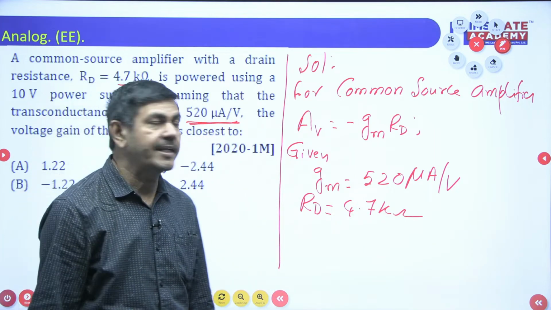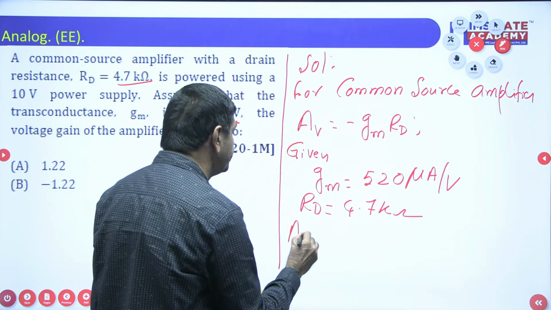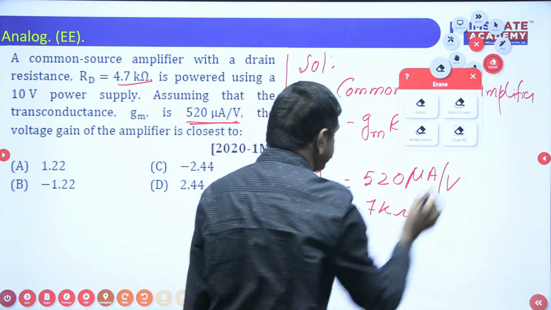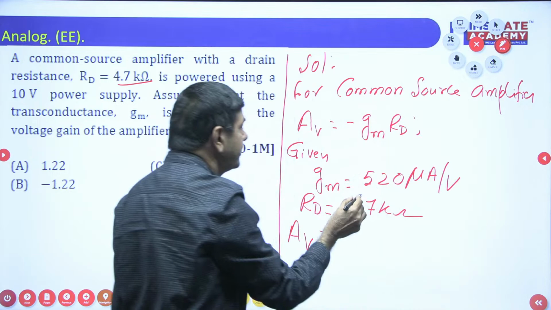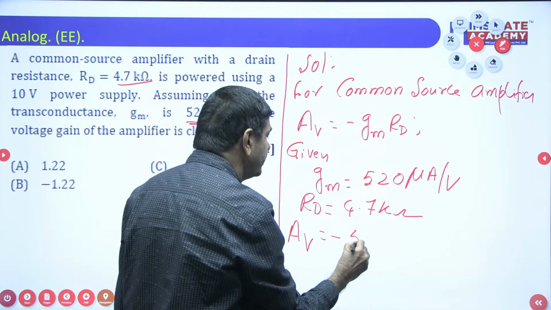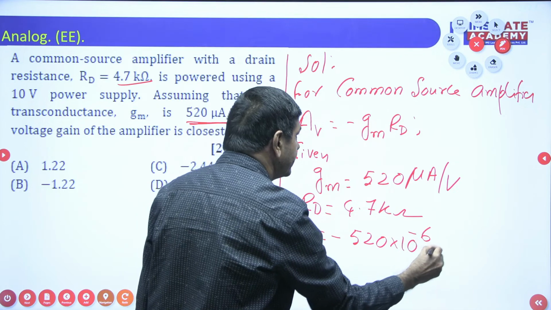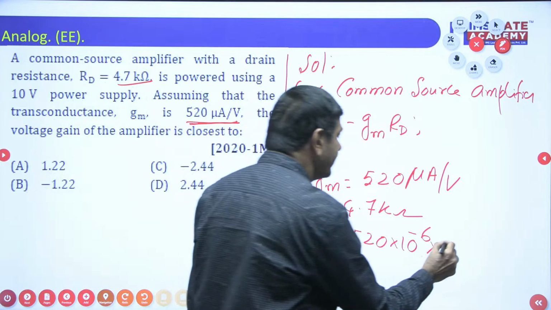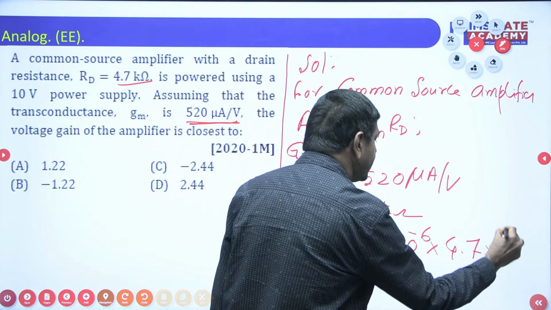Now directly we can substitute in the formula. The voltage gain is equal to minus GM. GM is given in the problem. What is GM here? 520 micro. Micro means 10 power minus 6 I can get now. Into RD. RD is nothing but 4.7K. 4.7 kilo, 10 power 3 you will get like this now.